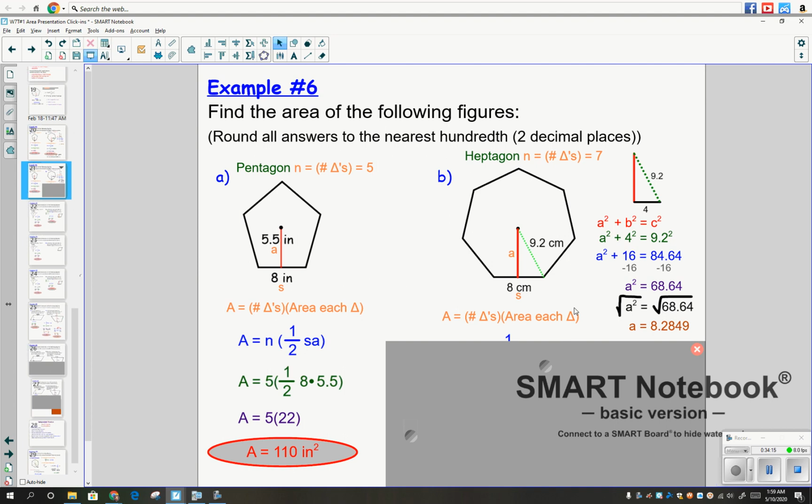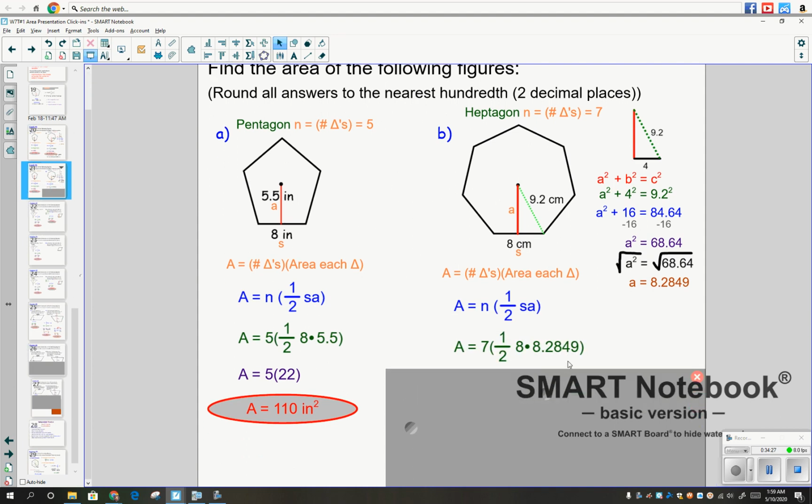8.2849. Now I'm going to use 4 decimals here because I don't want to round till I get to the end. Using 4 will give me a more precise answer than just using 2. So I have 7 times 1/2 times 8, which is the length of the side, times the apothem, which is 8.2849.